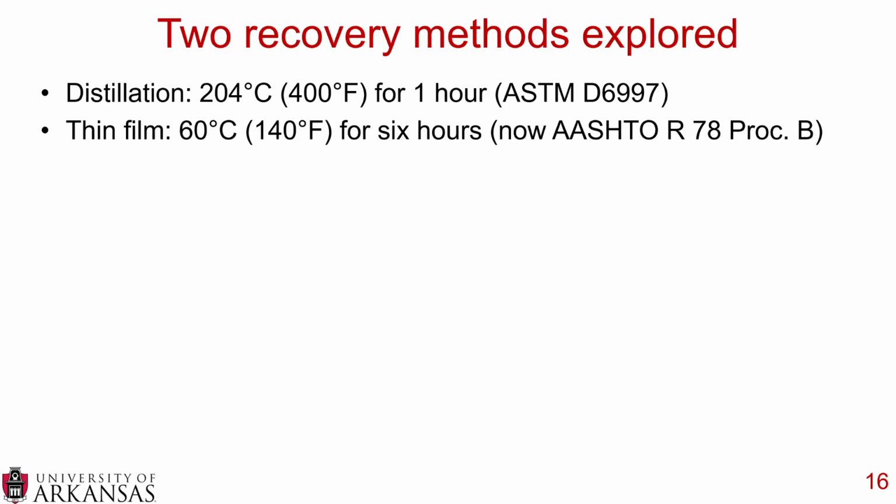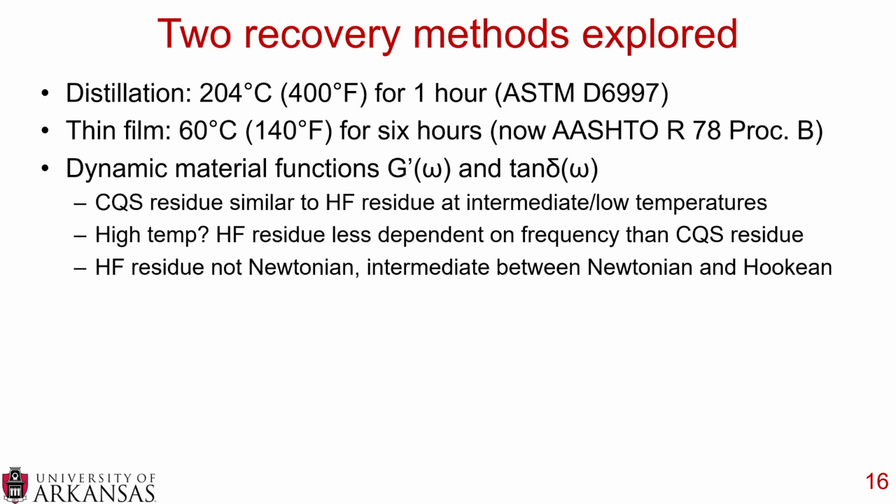Now, another paper looked at two different recovery methods. It looked at distillation, 204 degrees Celsius for 1 hour, and thin film, 60 degrees Celsius for 6 hours. And the second one is now AASHTO R78 Procedure B. It looked at dynamic material functions, G*(ω) and tan δ(ω).